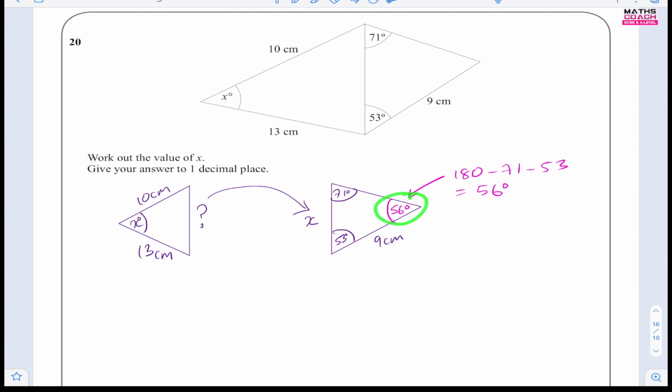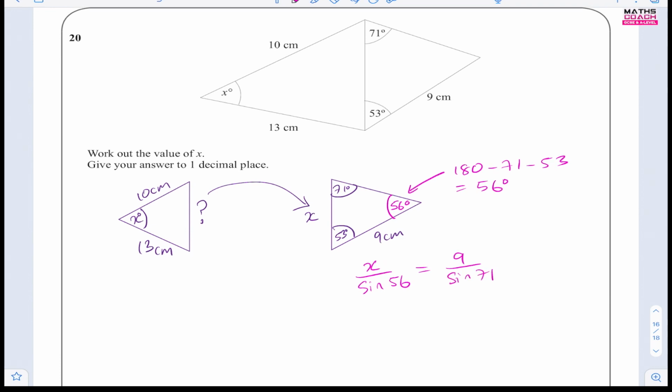Now we have three angles and we have a side, and we can use the sine rule in order to find this missing length. So we have a pair right there and we have a pair right there. So we can do x over sine 56 is equal to 9 over sine 71. We can rearrange this in terms of x.